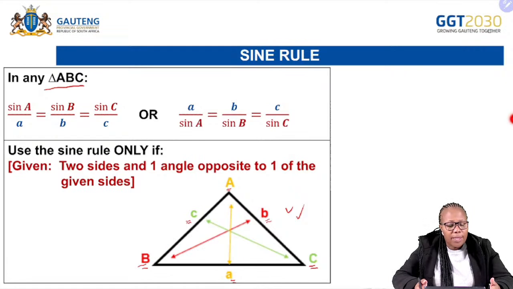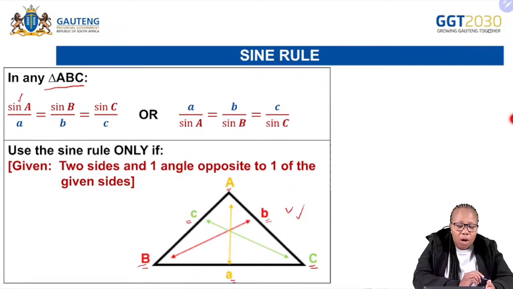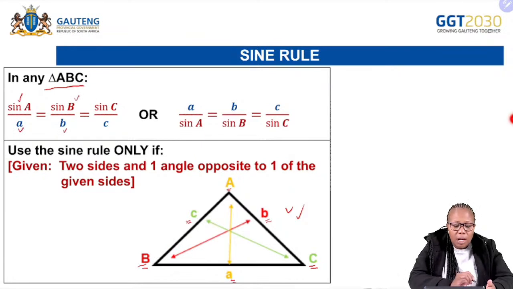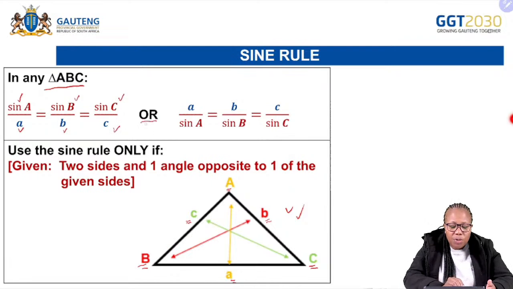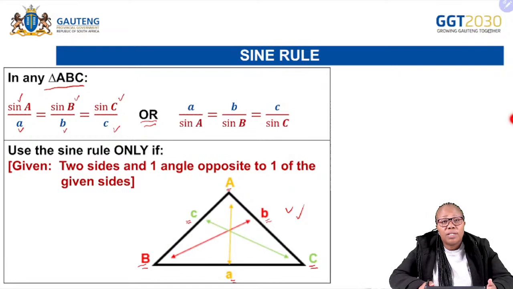And what does the sine rule state then, grade 12? It states that sine of angle A over side A is equal to sine of angle B over side B, equal to sine of angle C over side C. If you look at the first one, we have indicated the angles as numerators, and this notation can be changed, grade 12, depending on what you want to calculate.